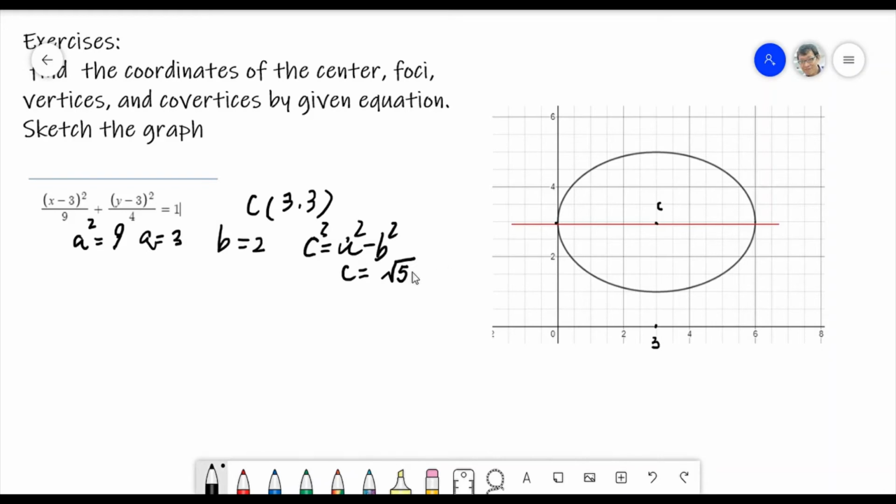2 point something, right? Now, since the center already changed, the foci are based on the center, okay? So on the left side, we go square root of 5. So it's 1, 2, square root of 5 should be here.